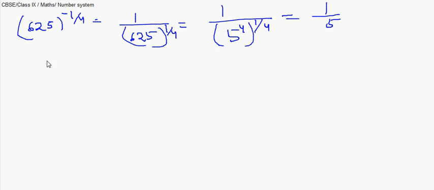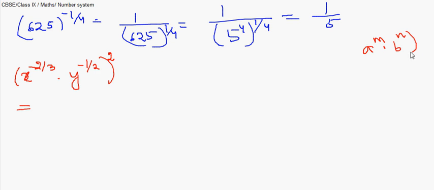We take up one which is a little different to this one. I write it as x to the power minus 2 by 3, then y to the power minus 1 by 2, whole square of this. Let's see how we do this. If you remember, a to the power m and b to the power n and the whole power, that means a to the power m squared, b to the power n squared.